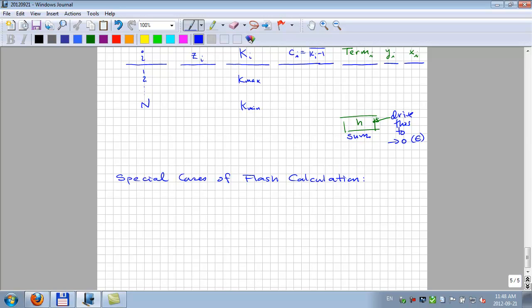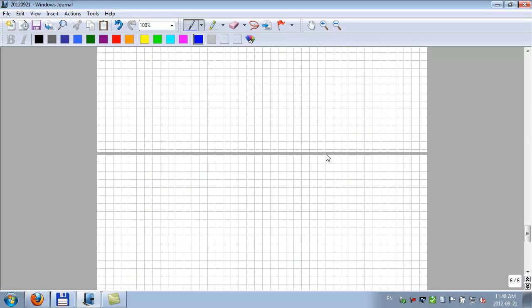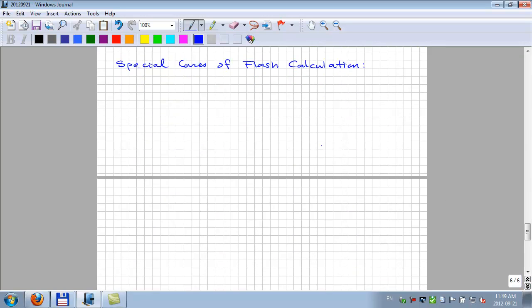And that is along the bubble point line and along the dew point line.